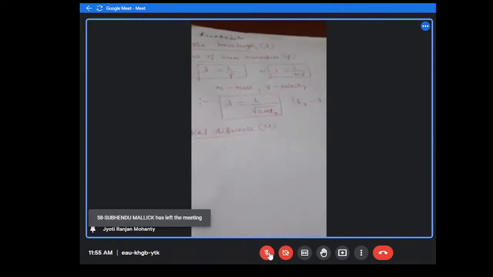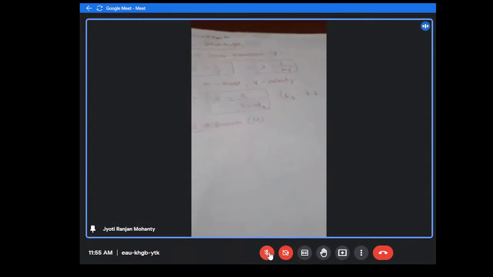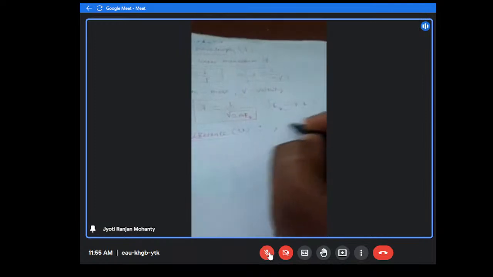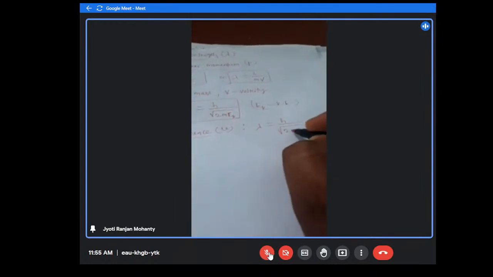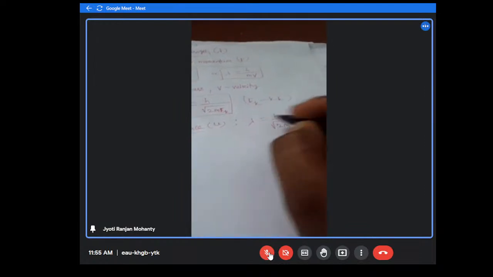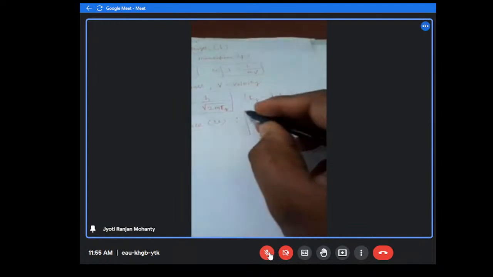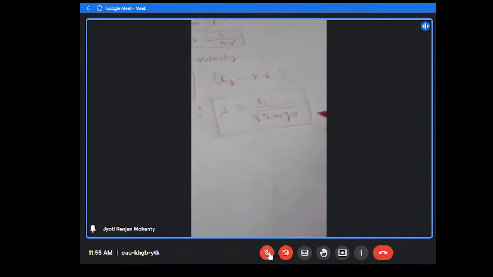For a charged particle of charge q and mass m, which moves through a potential difference small v, lambda is equal to h by root of 2m q into small v.